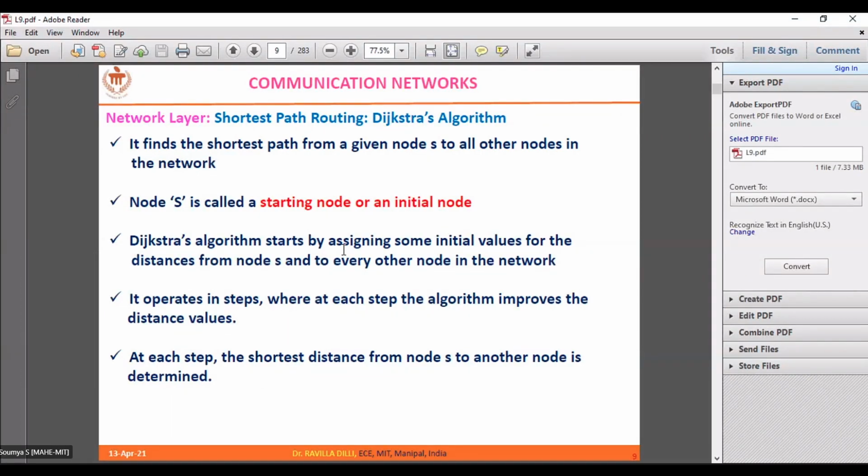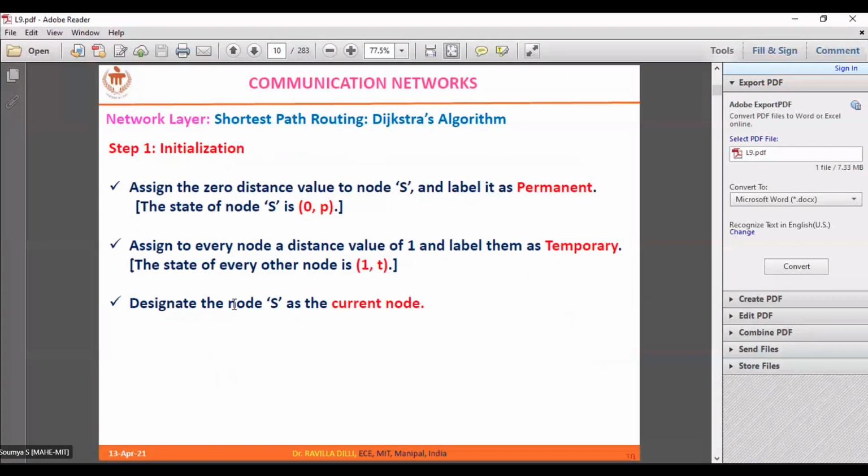What did we do? Initially we tried to make all the nodes infinity, right? And then it operates in steps where at each step the algorithm is going to improve the distance values that are existing. Now, so what is the first step?